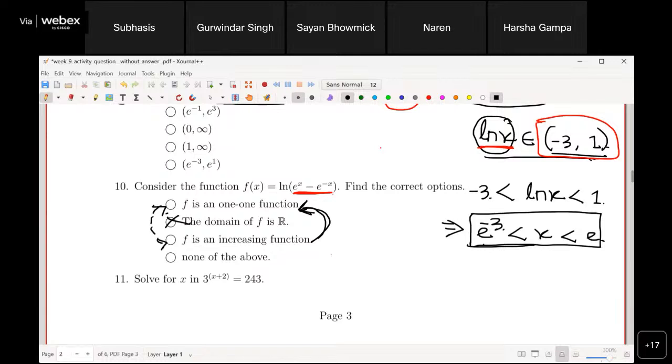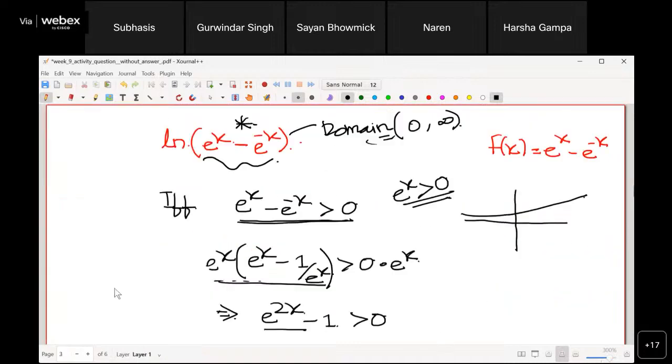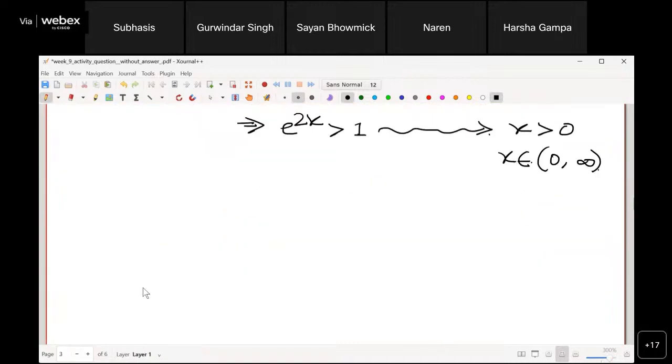If I somehow show that f is increasing, I don't have to check whether it's a one-to-one function, because from there itself I can say that f is one-to-one. So let me check whether this function is increasing or not. And to show a function is increasing, what do I need to show?